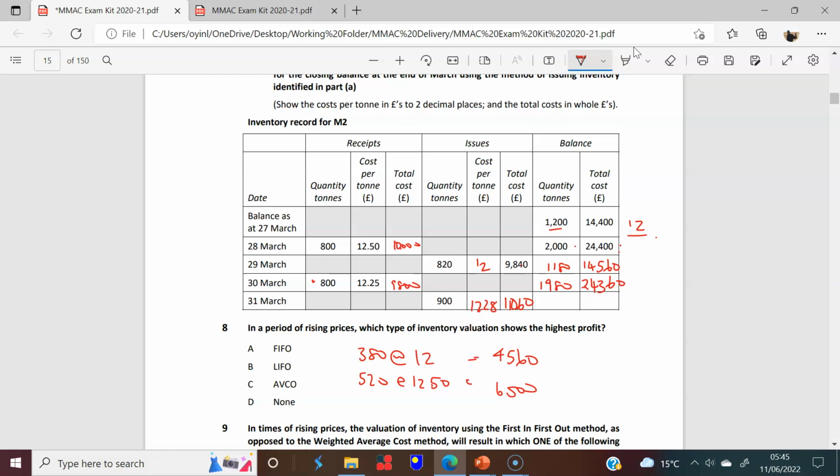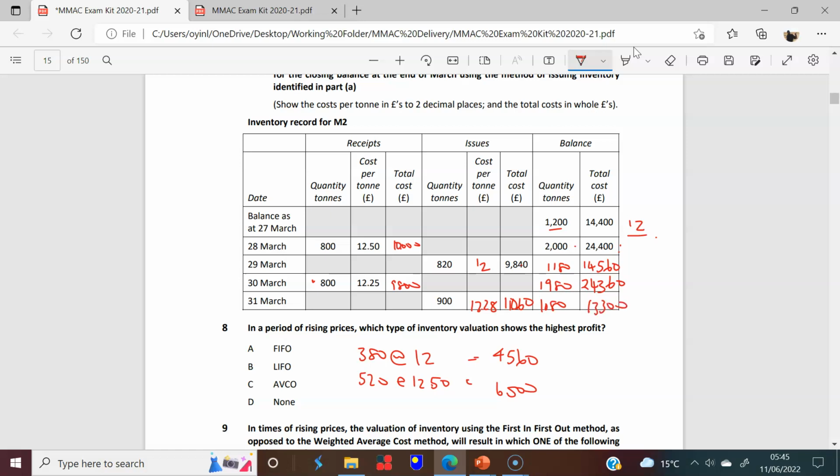And now you can just take the 900 away. 1,980 minus the 900 leaves you with 1,080. And then, of course, the valuation is 24,360 minus 11,060, and that's 13,300.